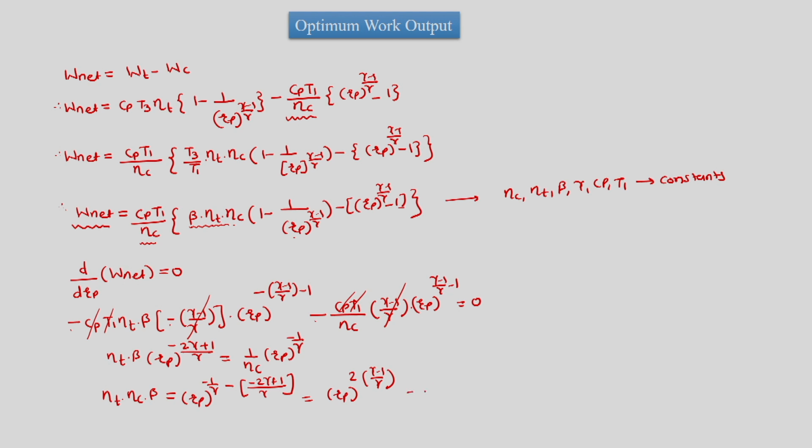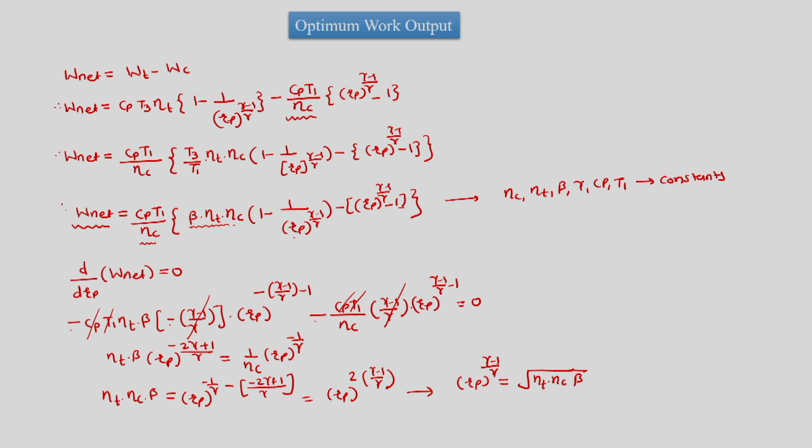So, practically we got Rp raised to gamma minus 1 upon gamma is equal to square root of eta t, eta c into beta.